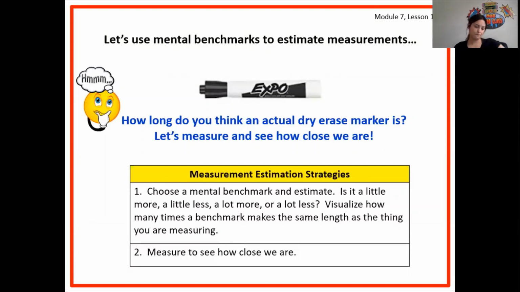Let's see. It's about 5.5. So because it's 5.5, we're going to have to go to 6. Remember, if it's half or more, we go to the next one. So 6 inches.